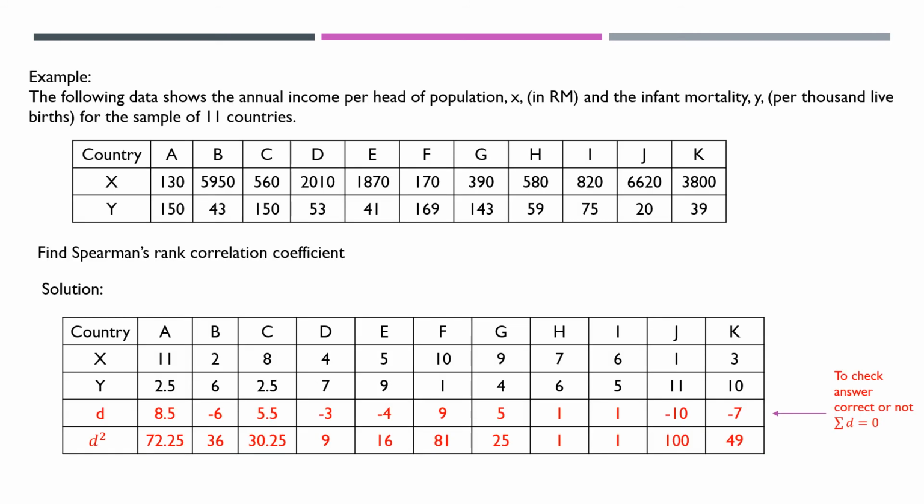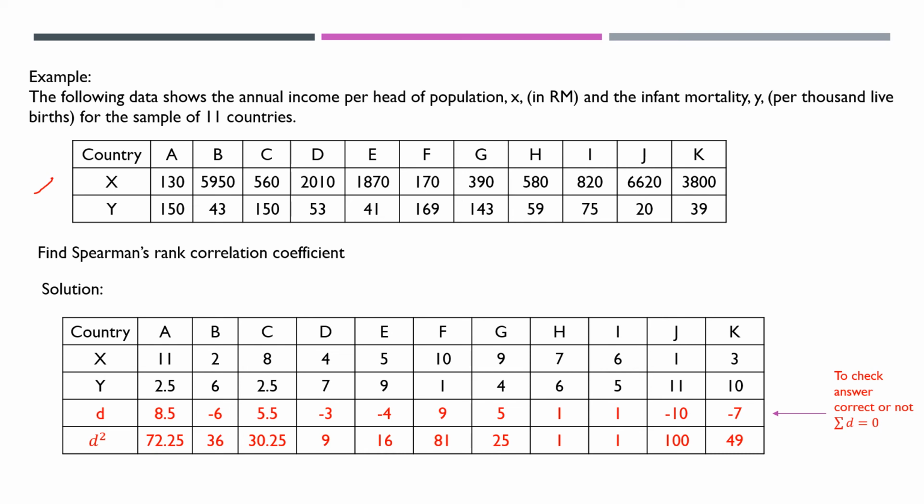Example, the following data shows the annual income per head of population X in RM and the infant mortality Y per 1,000 live births for the sample of 11 countries. So here are the data, and find the Spearman rank correlation coefficient. So what you have to do for this question, the first step, you have to form the table. It's a bit different because you have to give the rank.